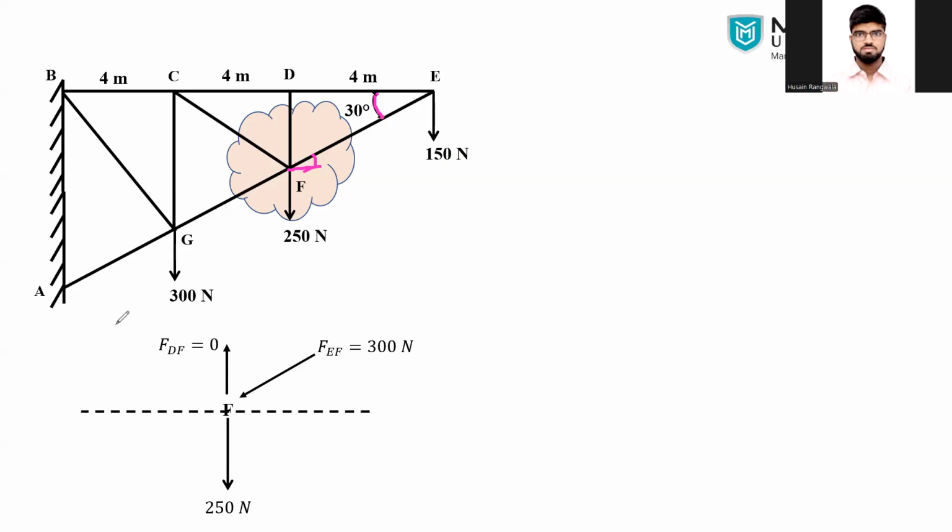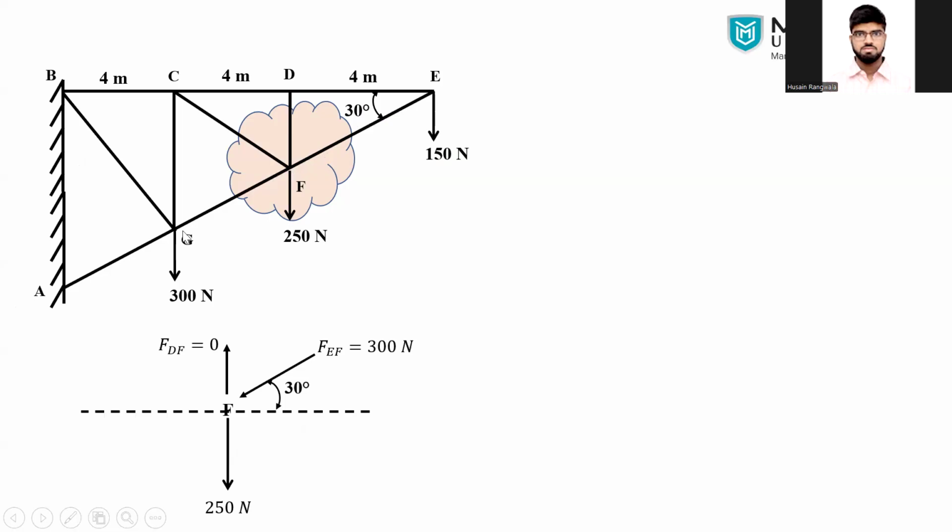So here, that's 30 degrees. Next, we have to find out the angles of FGF and FCF. As you can see, this horizontal line is making a 30-degree angle with these inclined members.